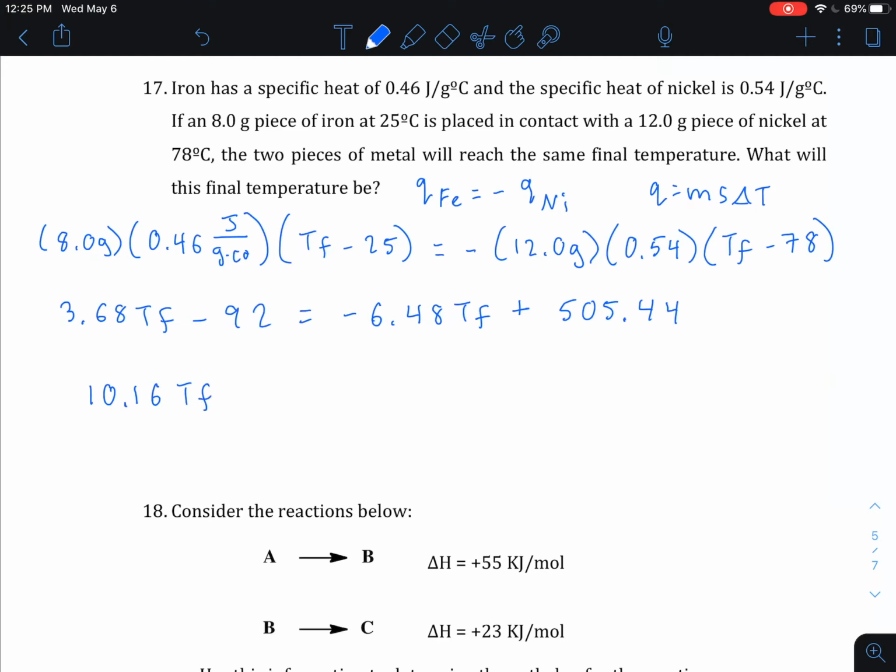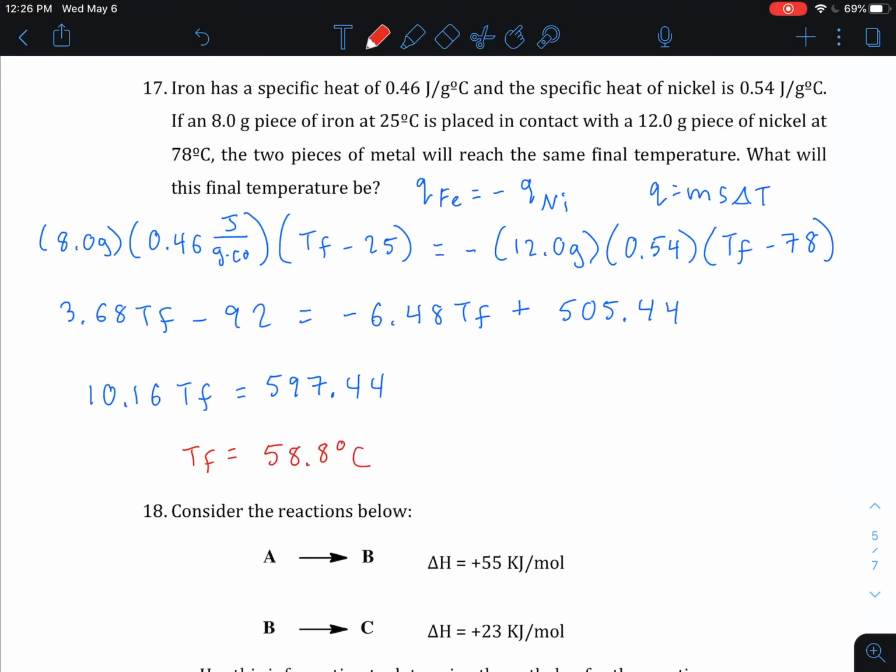So now we can group like terms. Let me put the TF terms on the left and I'll get 10.16 TF equals 597.44.